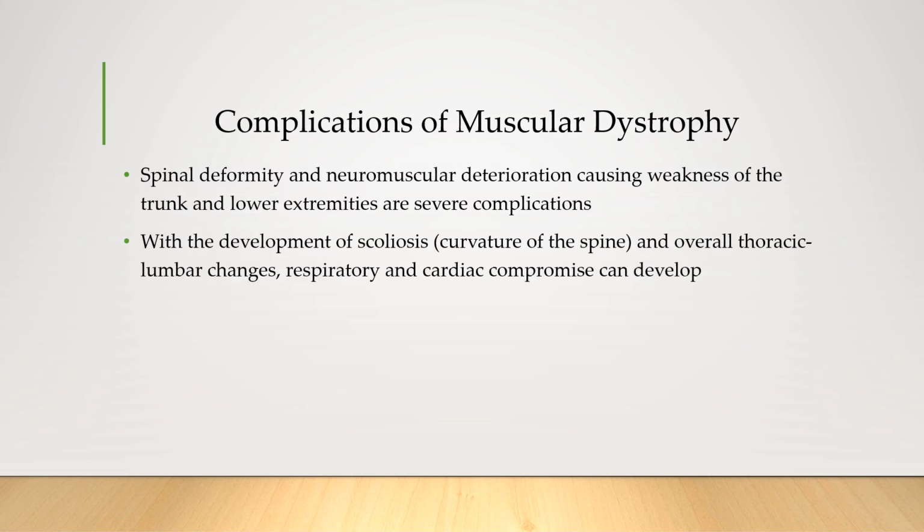Complications of muscular dystrophy: spinal deformity and neuromuscular deterioration causing weakness of the trunk and lower extremities are severe complications, with the development of scoliosis. Scoliosis is the curvature of the spine. So with the development of scoliosis and overall thoracic lumbar changes, respiratory and cardiac compromise can develop.